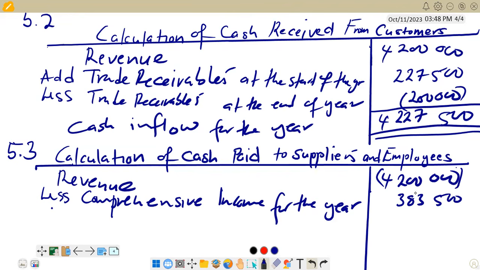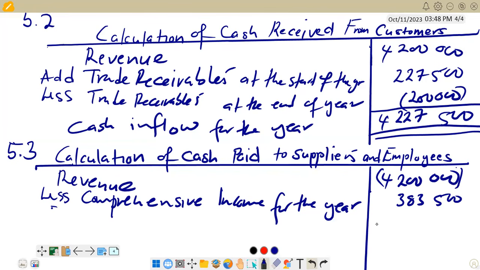This one we show as a positive because we are saying less. Any amount that is increasing revenue, we show as a negative, but any amount that is reducing revenue, we show as a positive.